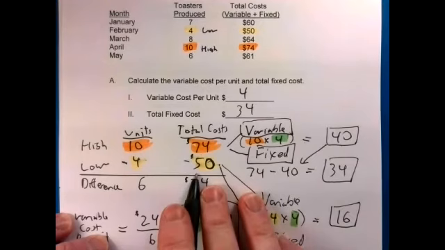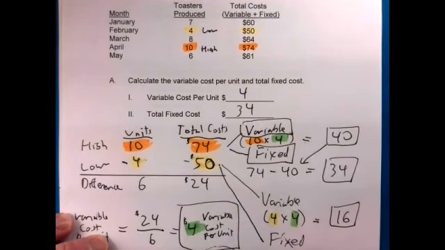So the 50 is the total cost, variable and fixed. Take out the variable, and you're left with the fixed. Again, those two should be the same because they're fixed. They don't change.